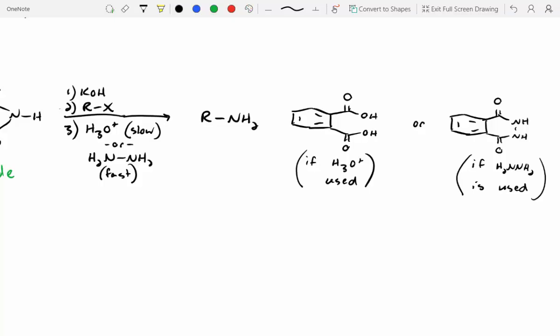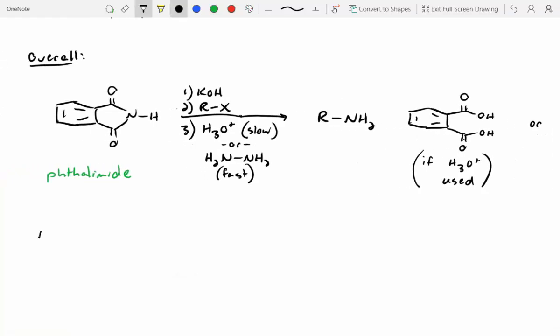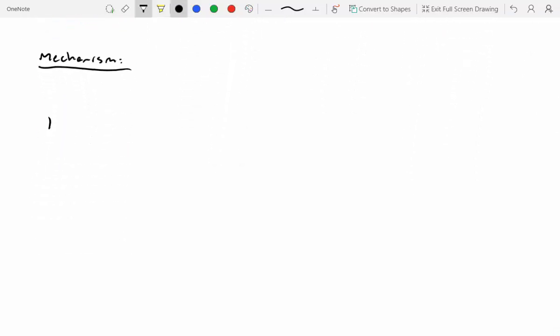So let's go through and try to figure out how this mechanism works. Sorry, this should be shown as a more clear single bond. All right, so we said the first step is going to be deprotonation of our phthalimide. So we've got hydroxide around.